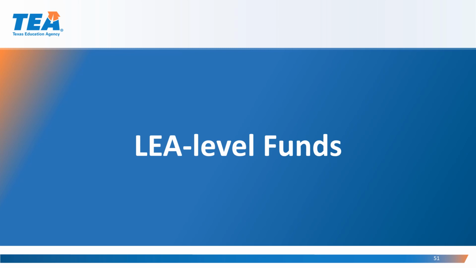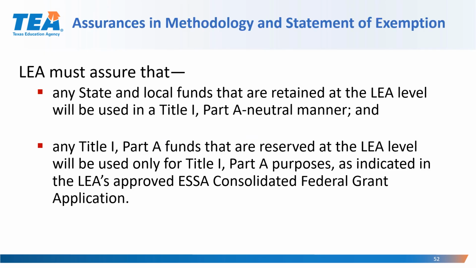So the methodology talks about campus allocations. What does it mean for funds that are reserved at the LEA level and not distributed to campuses? For Title I Part A, there are assurances in the methodology and in the Statement of Exemption that address funds that are reserved at the LEA level.